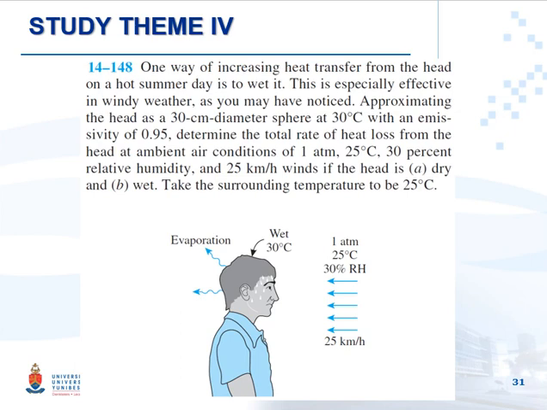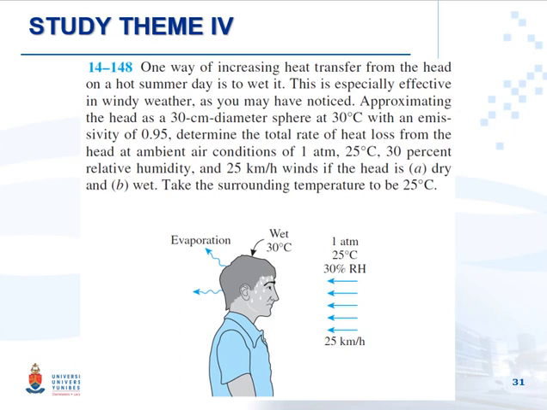So we consider the head as a sphere with a diameter of 30 centimeter. Is it a good assumption? It is a very good engineering assumption. And temperature 30 degrees with an emissivity of 0.95.